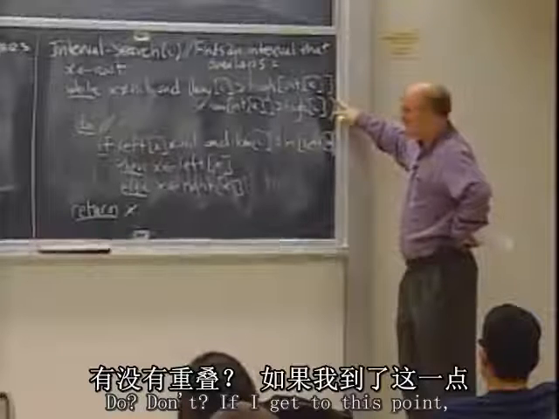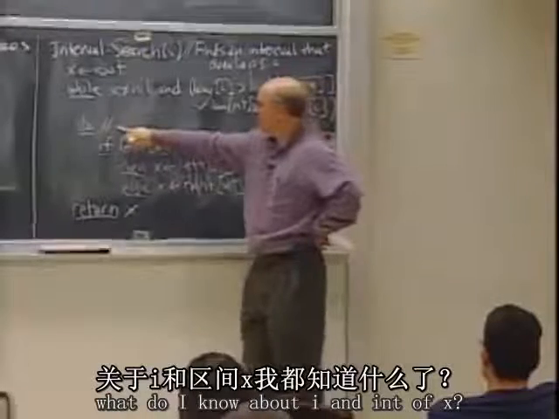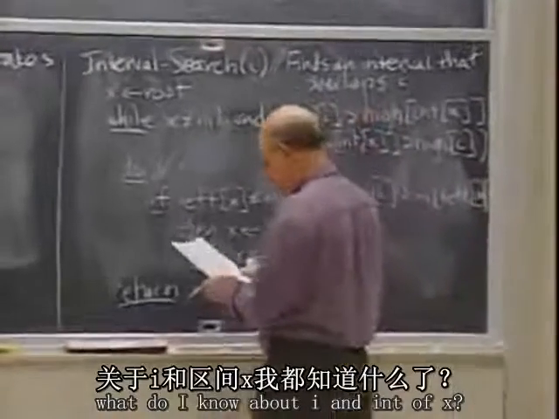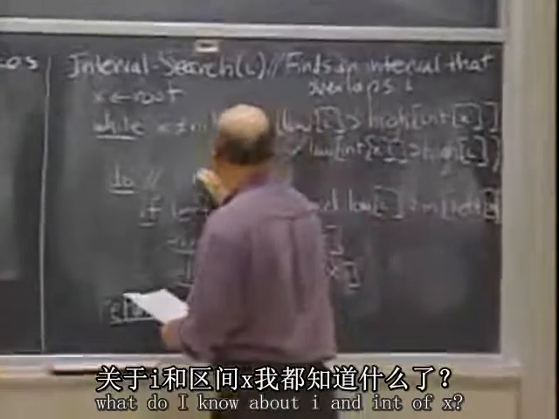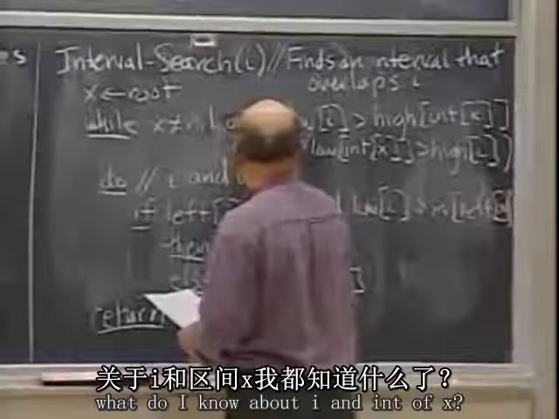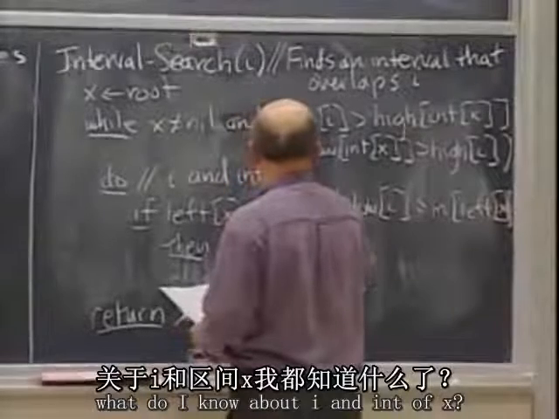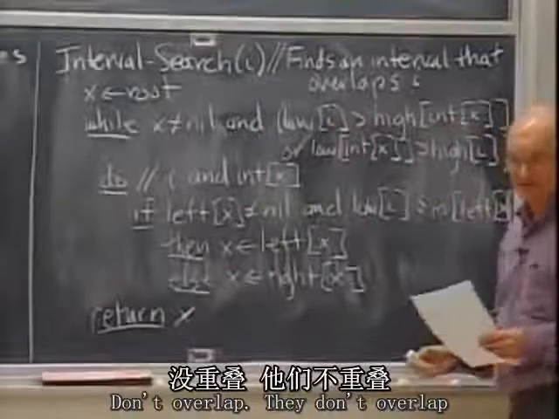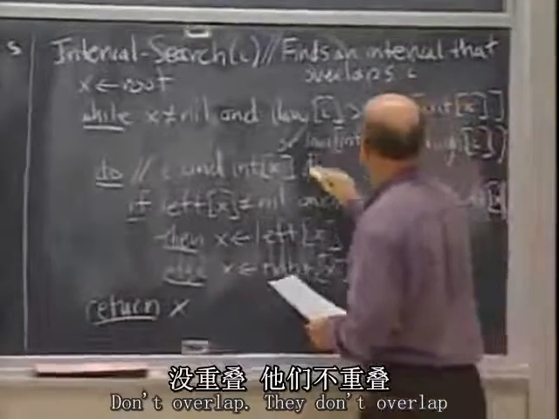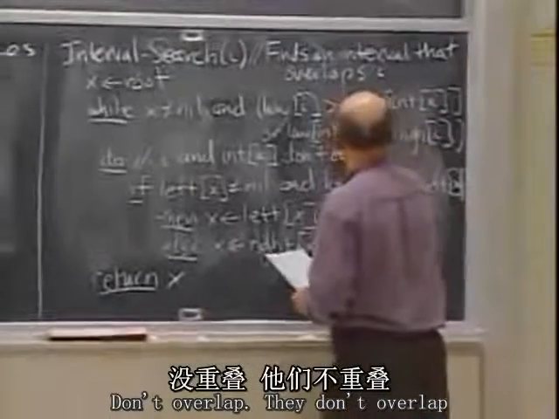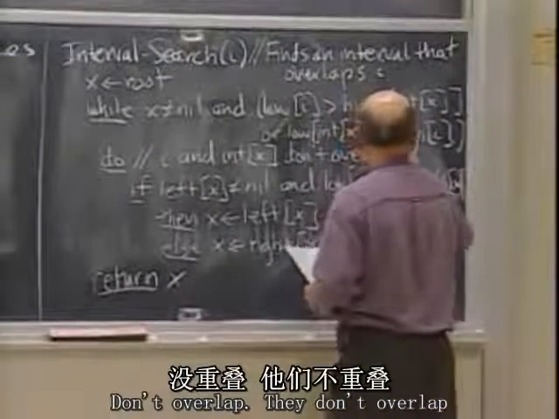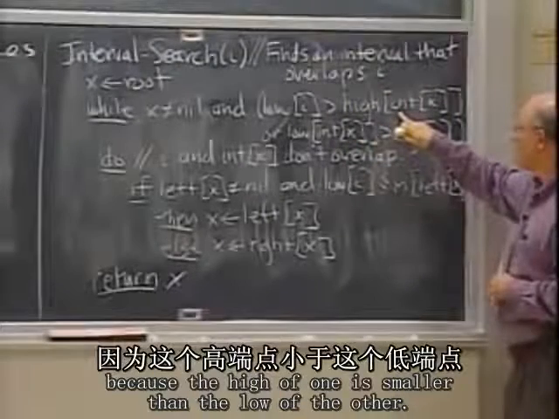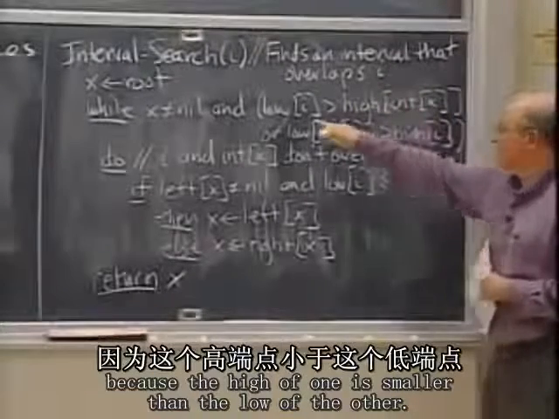Test whether they, so if I get to this point, what do I know about I and int of x? They don't overlap. Okay, they don't overlap because the high of one is smaller than the low of the other.